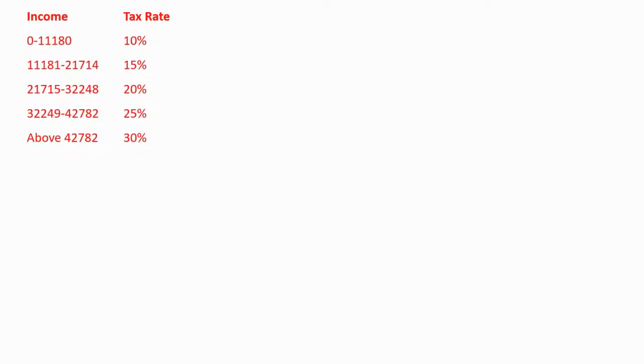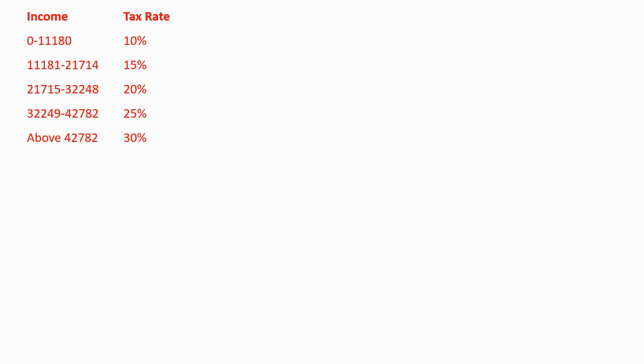So from the table we have been given, we can obtain the amount taxed per bracket, and you do that by subtracting the lower limit of each bracket from the upper limit. For example, in the first bracket, the upper limit is 11,180.5, and the lower limit is negative 0.5.